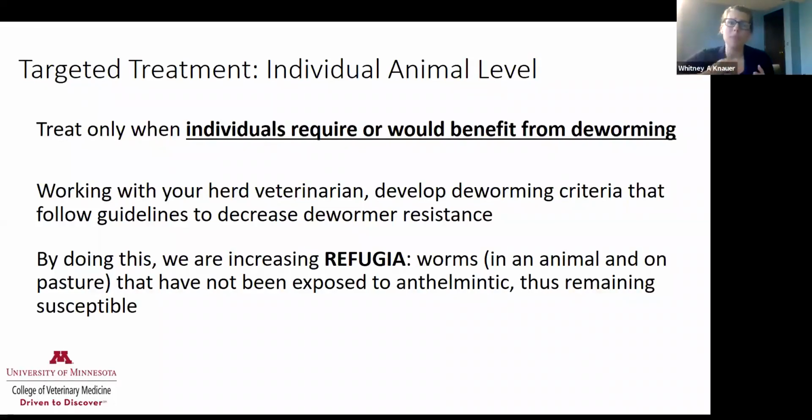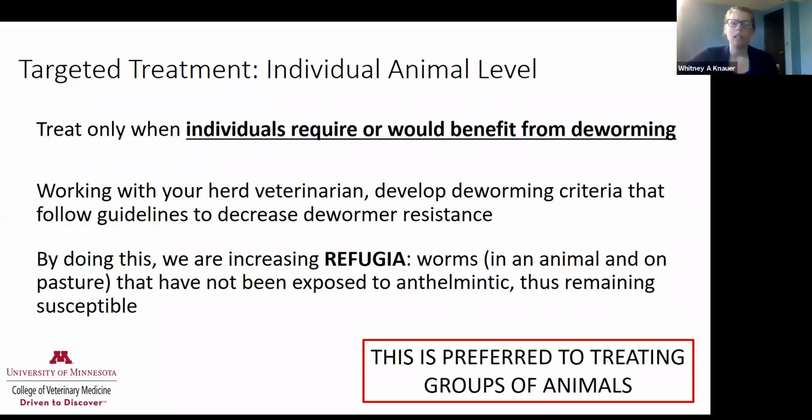They're going to be susceptible to those anthelmintic treatments. And this is really the preferred method to prevent resistance. That's the big thing that we worry about when we talk about worms, is that we want our dewormers, we want our treatments to work. And so we want to only treat individual animals that require treatment.